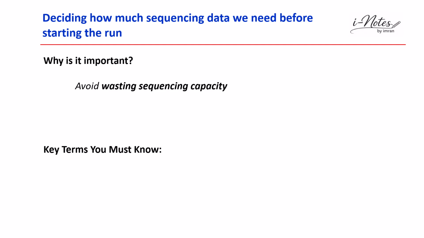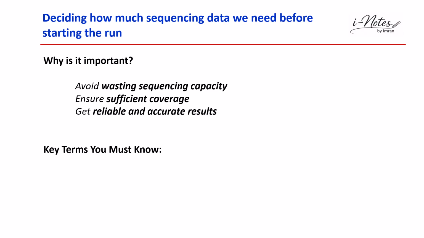So knowing the right amount of data generation needed for your sequencing experiment, you will be able to avoid wasting sequencing capacity of the flow cell. And also, very importantly, you will be able to ensure sufficient coverage for your sequencing samples, and your results will be reliable and accurate. And most importantly, you will be saving cost and time.